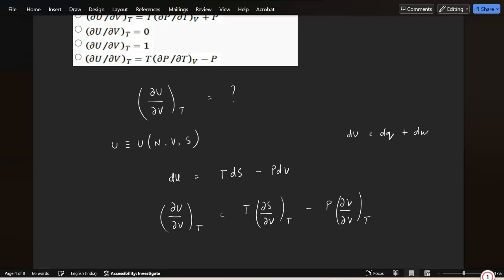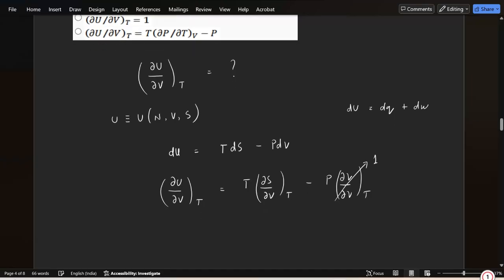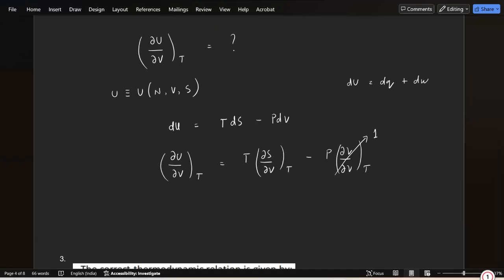This is just one, since it's basically dV by dV. So we end up with T into del S by del V at constant temperature minus P.